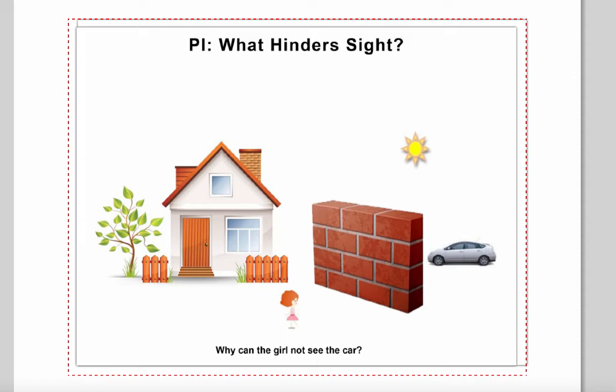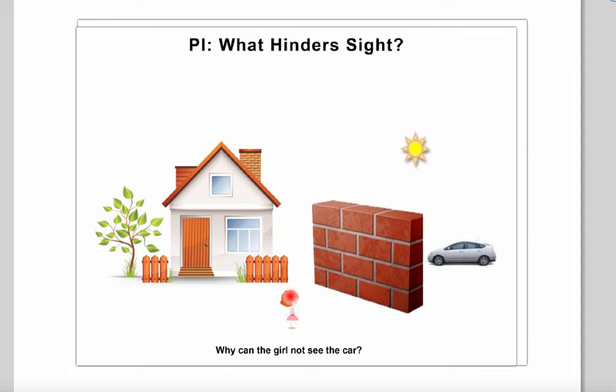There's a lot of misconceptions at this point. Students think there's something coming out of the eyes. A lot of students feel like, well, I can't see the car because my sight is being blocked, and they don't really understand that it's the light being reflected off the car that can't get to the eye. But that's okay for now.